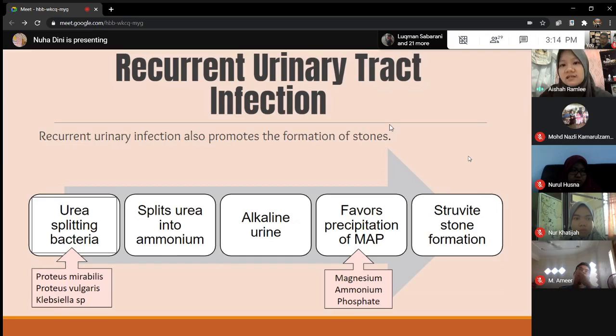The urea will split into ammonium, which generates alkaline urine. Alkaline urine favors precipitation of MAP, magnesium, ammonium, and phosphate. This is known as a struvite stone, also known as an infection stone.